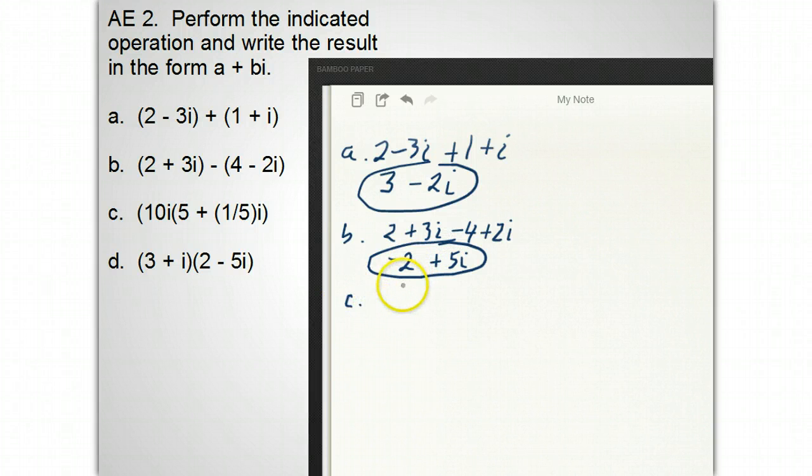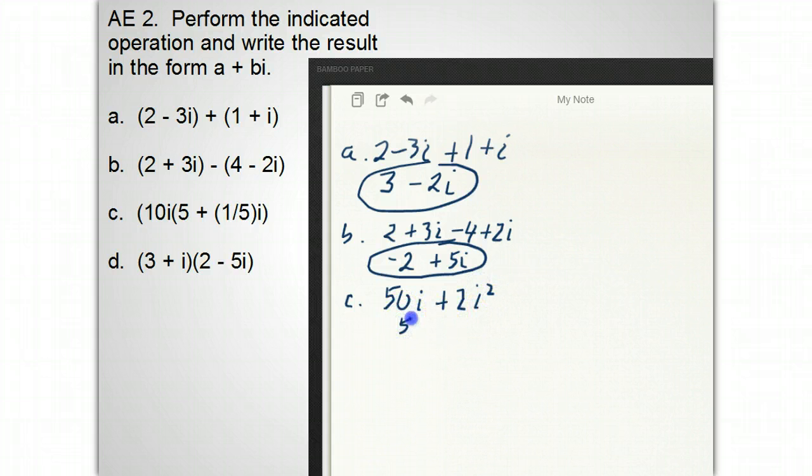For part C, multiplication. What we have here is an imaginary number, 10i, that's being multiplied by the complex number 5 plus a fifth i. We'll distribute, and that would give us 50i. And then 10i times 1/5 i, well, the 10 and the 1/5 would multiply to give us a product of 2, and the i's would multiply to give us 2i squared.